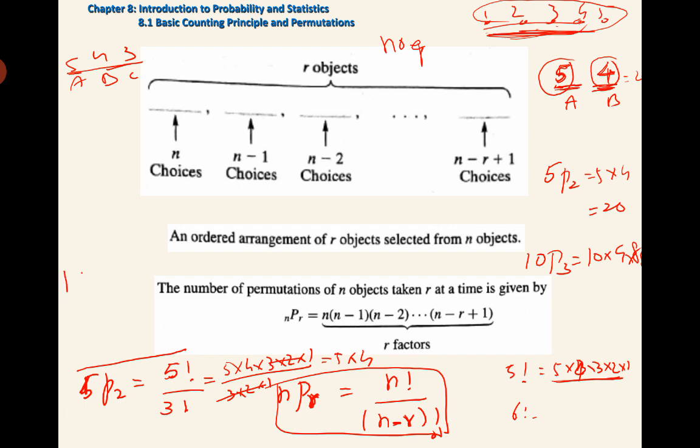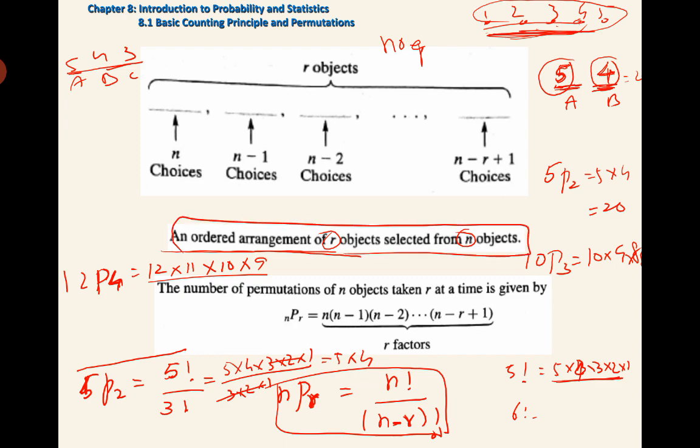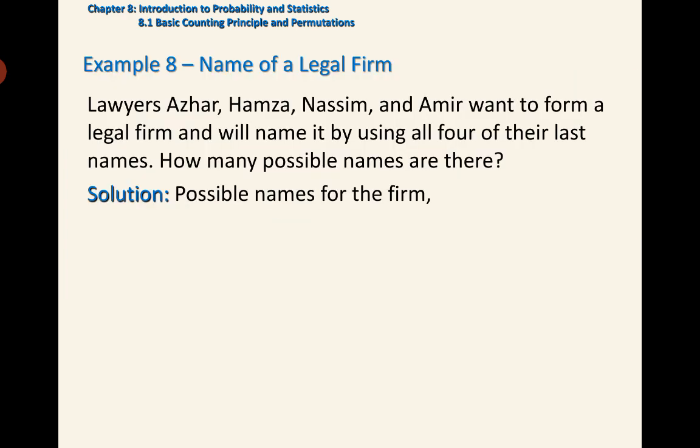If I ask 12P4, you can write 12 into 11 into 10 into 9, 4 numbers downwards, isn't it? So you start from 12 and 4 is the number r, so 12P4. That's the way you have to calculate this one. This is called a permutation, which is arrangement of r objects out of n objects. Clear? Okay.